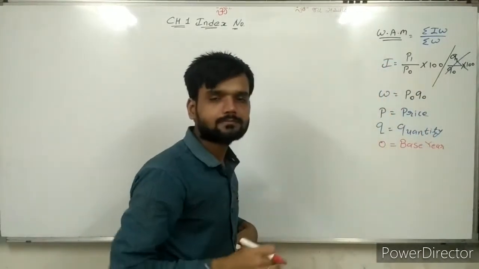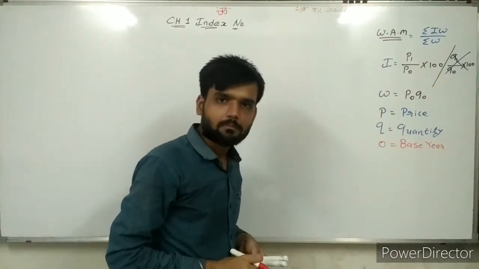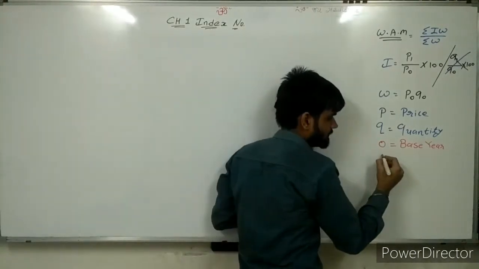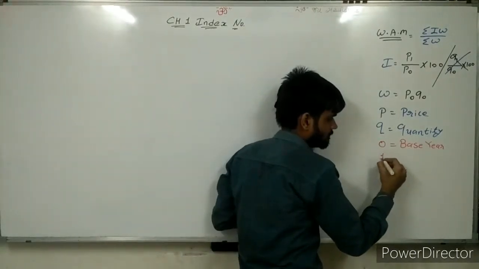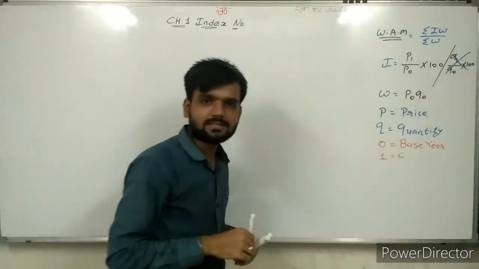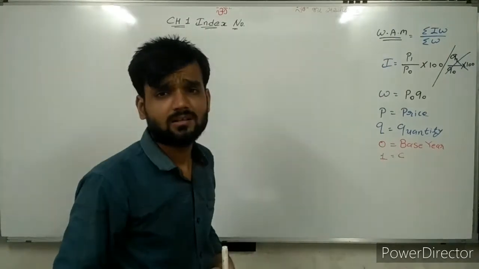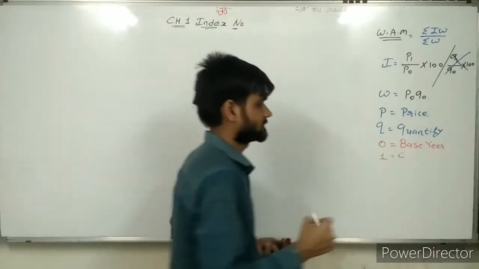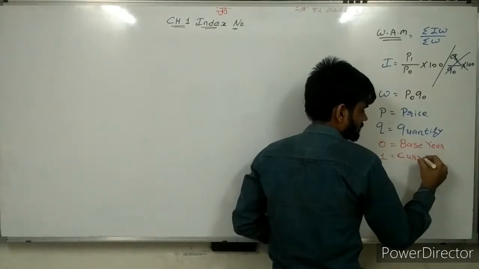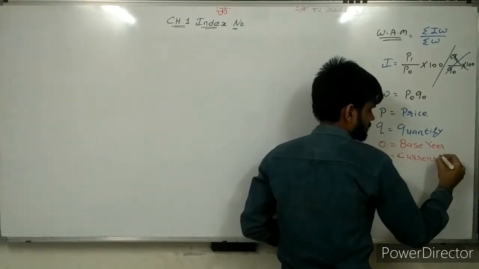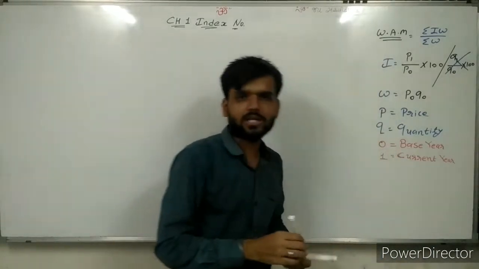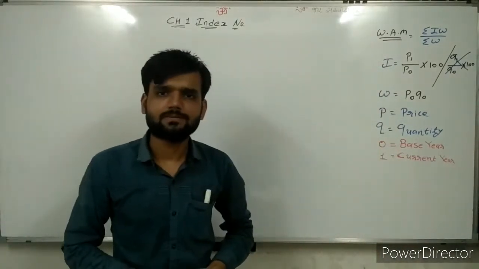0 means base year, past. In the same way, 1 means current year, present.